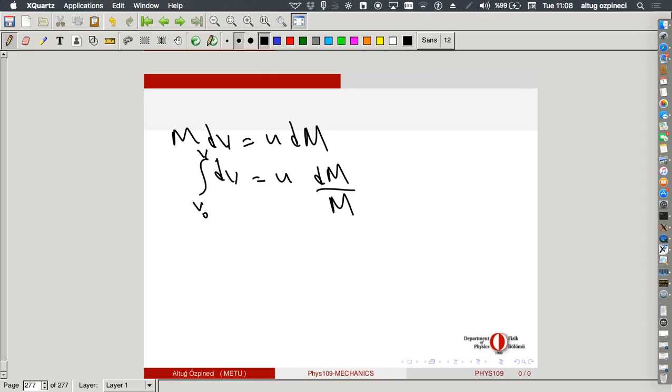When I'm summing all the changes, u is just a constant, and we integrate from the initial mass to the final mass.